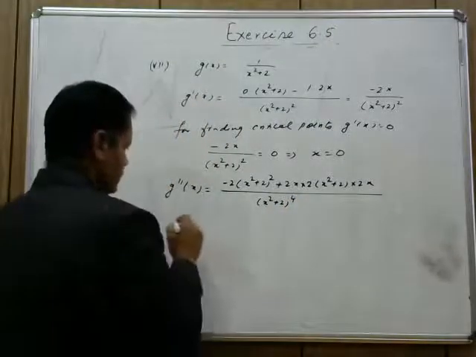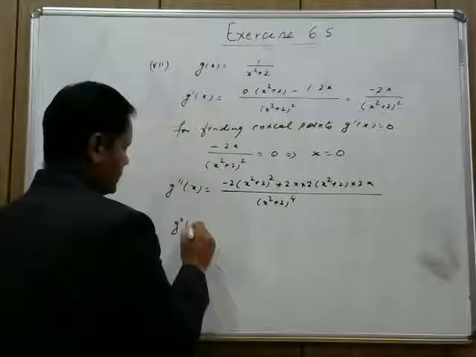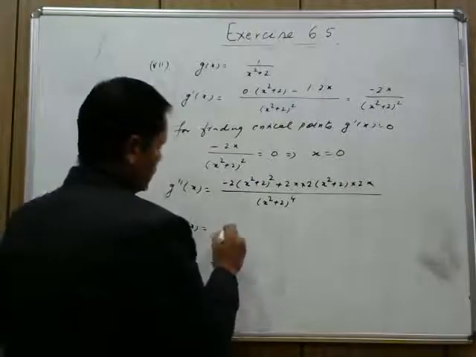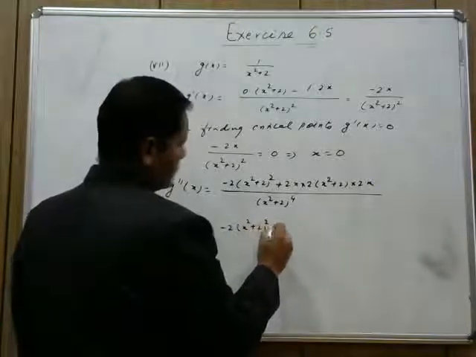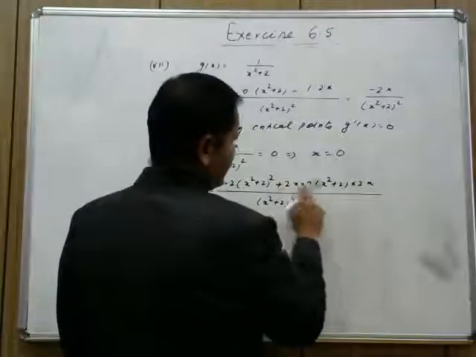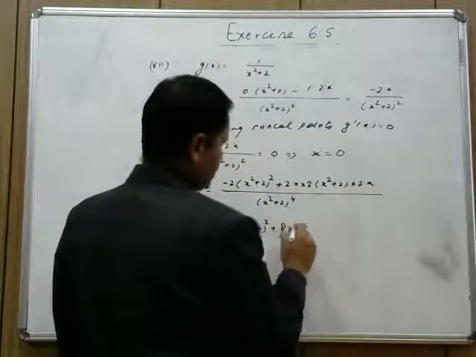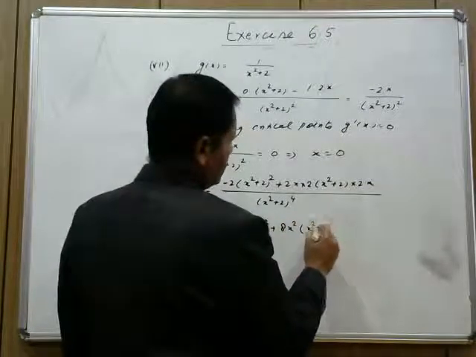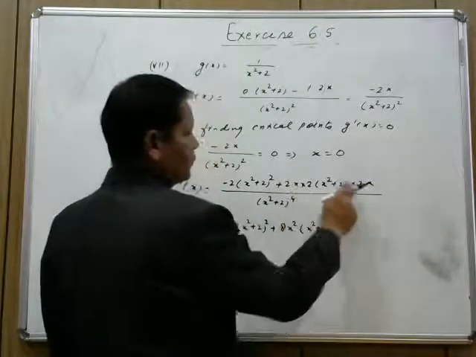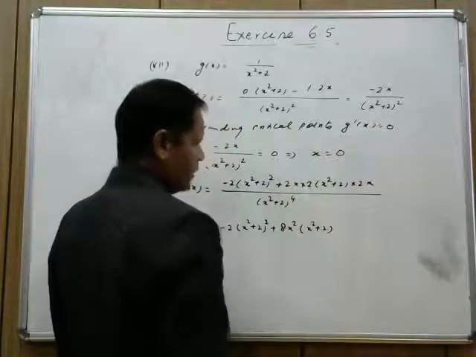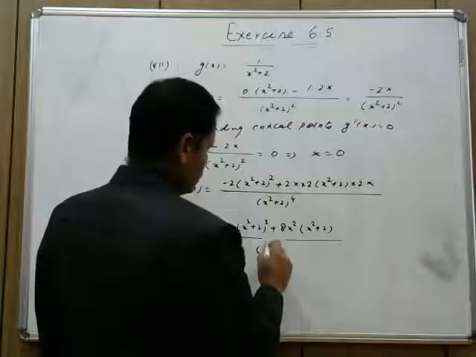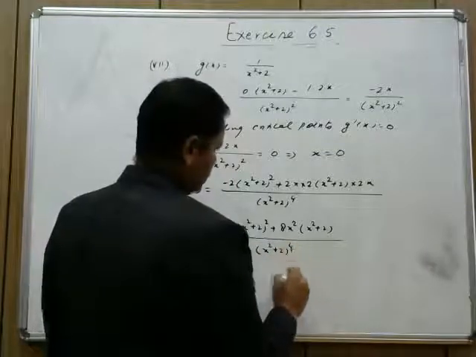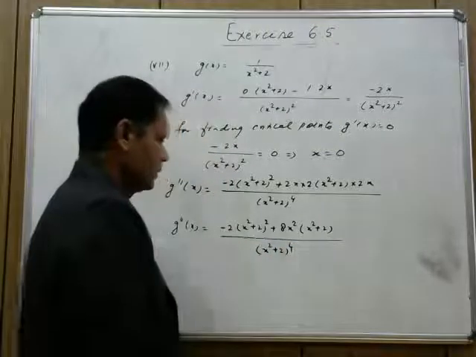This will have g double dash of x equal to minus 2 into x square plus 2 whole square plus 8x square into x square plus 2 upon x square plus 2 whole to the power 4. Isn't it?